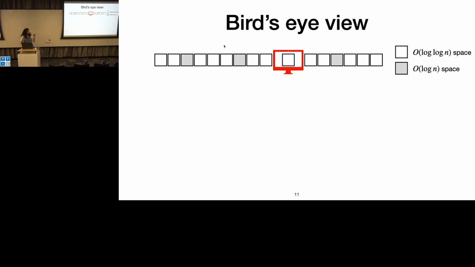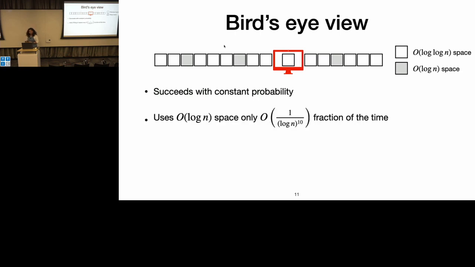And in terms of the properties of the algorithm, what are our desired properties? The first property we're going to need is that it succeeds with constant probability. So we're going to first design an algorithm that succeeds with constant probability. But it has this interesting property about space, where there's only a tiny fraction of the stream where the algorithm actually uses log n space. Most of the time, where it's marked in white, the algorithm uses less space.